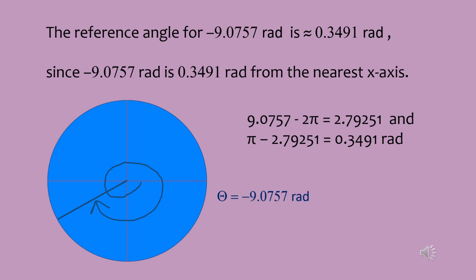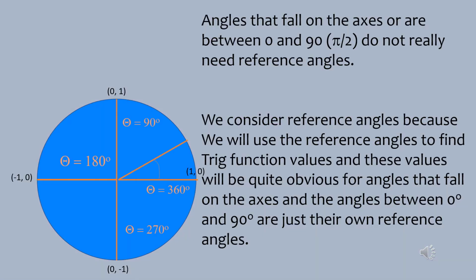And again, you're measuring the angular gap between your terminal ray and the nearest x-axis. In this case, the negative side of the x-axis would be nearest. The background of this slide is gray because angles that fall on the axes themselves, or angles between 0 and 90 degrees, or again, if you're measuring in radians, between 0 and pi over 2, do not really need reference angles.